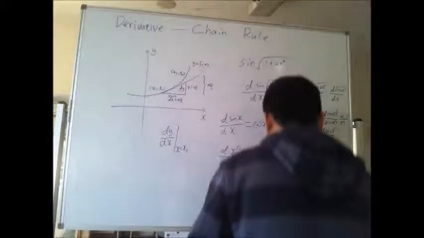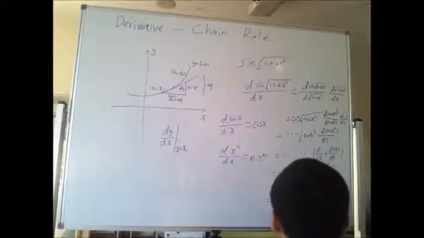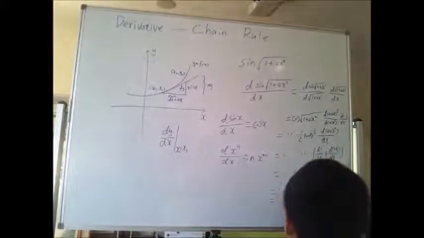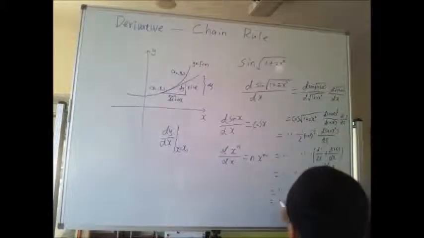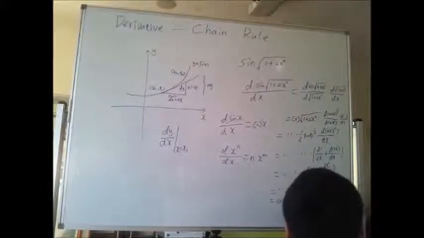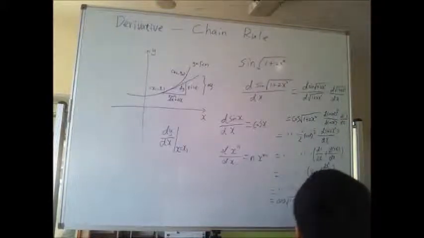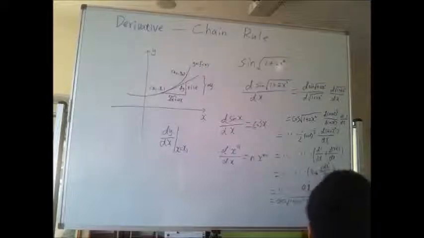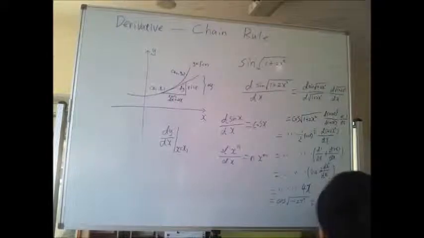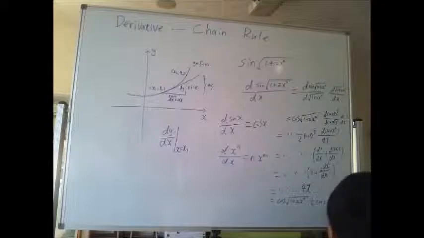So the final answer would be, let me write down the final answer for you. Cosine, this first thing we omitted is this one: cosine square root 1 plus 2x squared, times this 1/2, times 1 plus 2x squared to the power of negative 1/2, and finally times 4x.